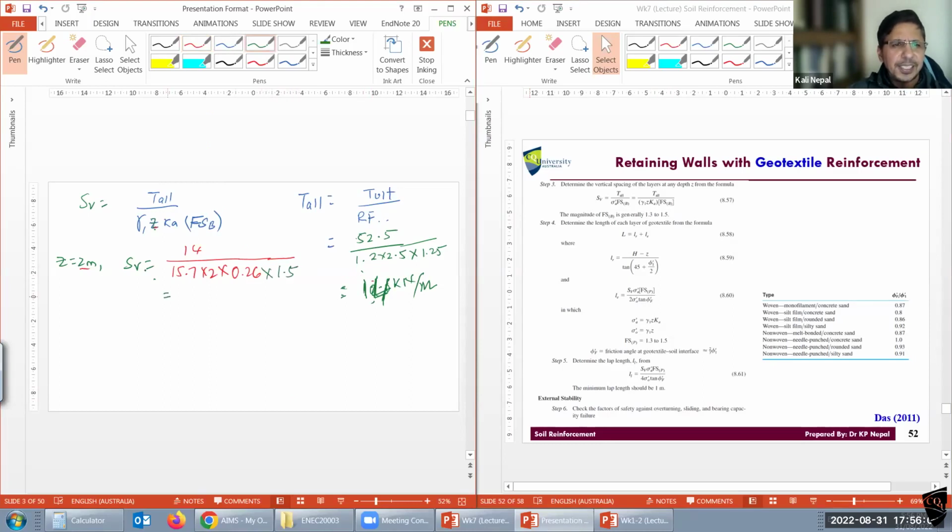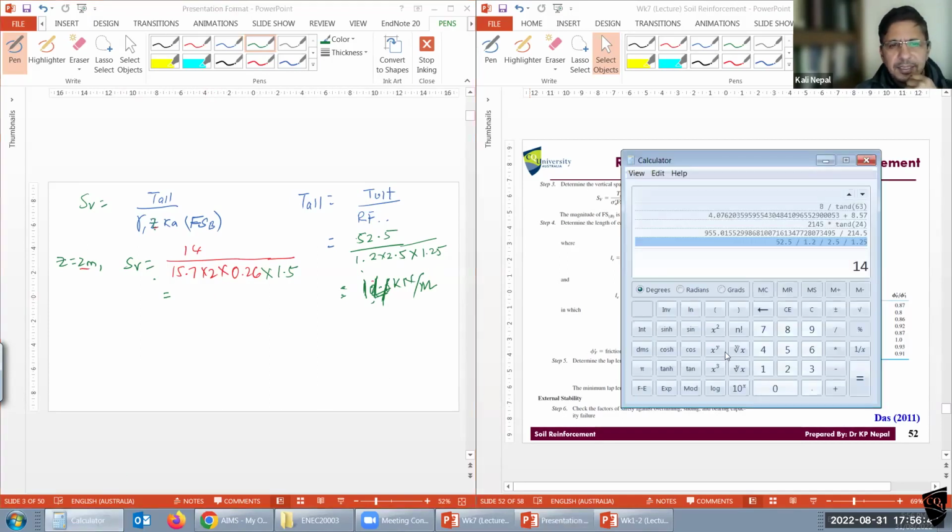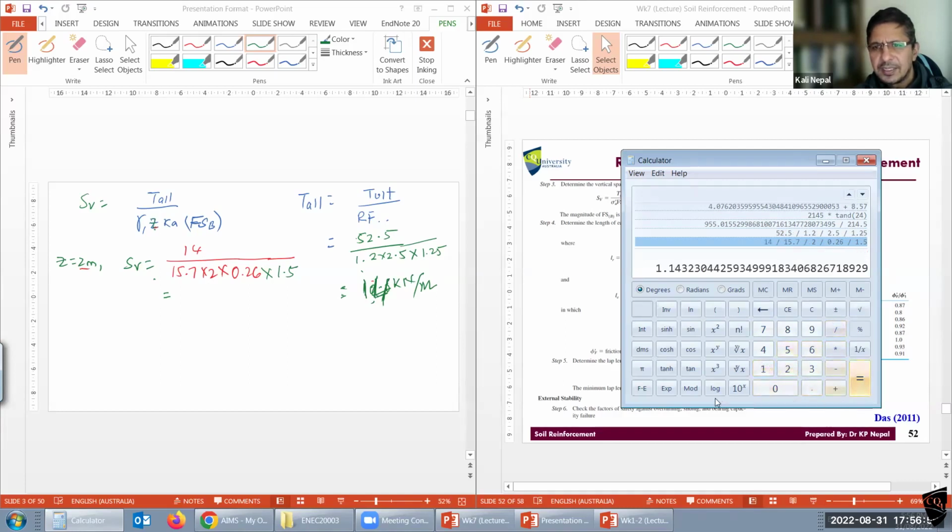Good. So can you calculate SB at 2 meter depth first? How much did you get for vertical spacing? 14 divided by 15.7 divided by 2 divided by 0.26 divided by 1.5. 1.14.